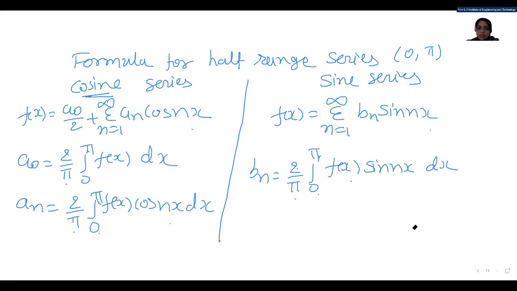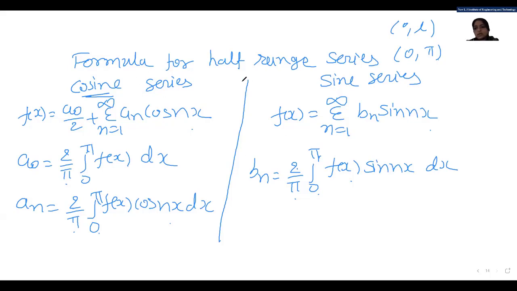And you apply the half range series formula when the exam directly asks you to find the cosine series or find the sine series, and your given integral is 0 to pi or 0 to L only. At that time, you have to apply this formula.